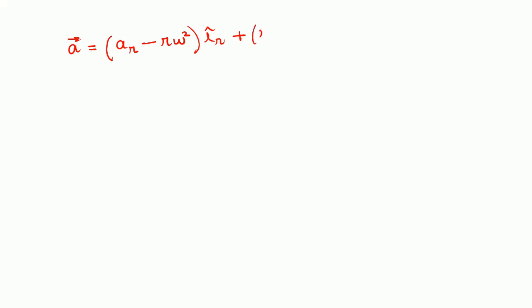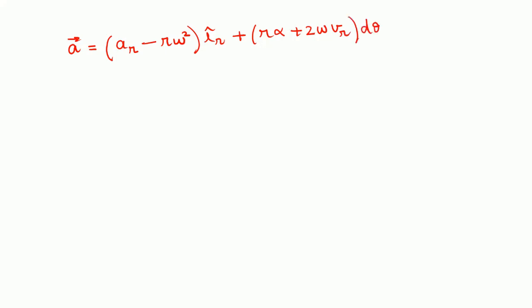First on the radial direction, which is AR minus R omega square into ER, plus R alpha, which is the angular acceleration, plus 2 omega into Vr.